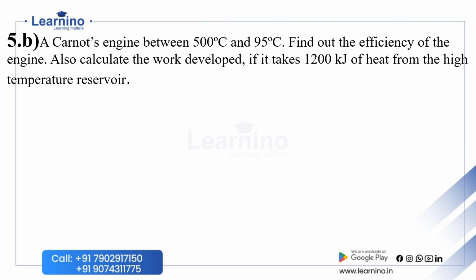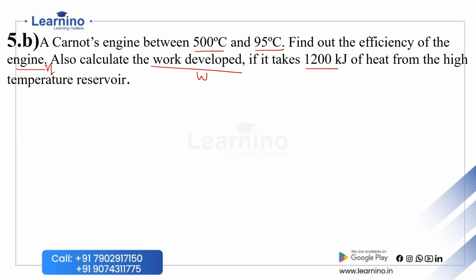Next question: a Carnot engine operates between 500 degrees Celsius and 95 degrees Celsius. Find out the efficiency of the engine. Also calculate the work developed if it takes 1200 kilojoule of heat from the high temperature reservoir. First in this problem we need to convert the temperature in degree Celsius to Kelvin.